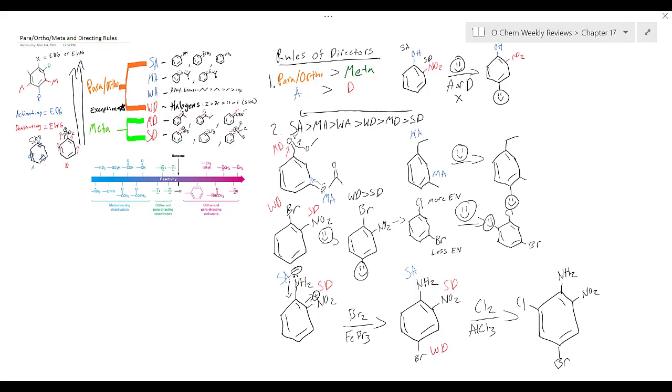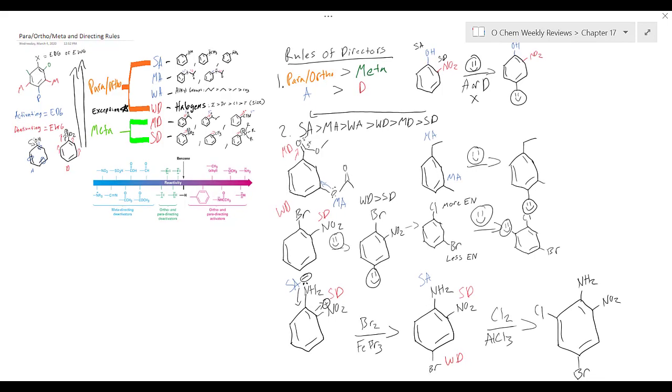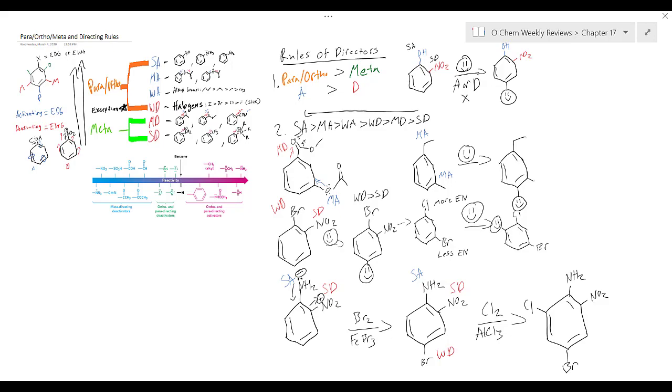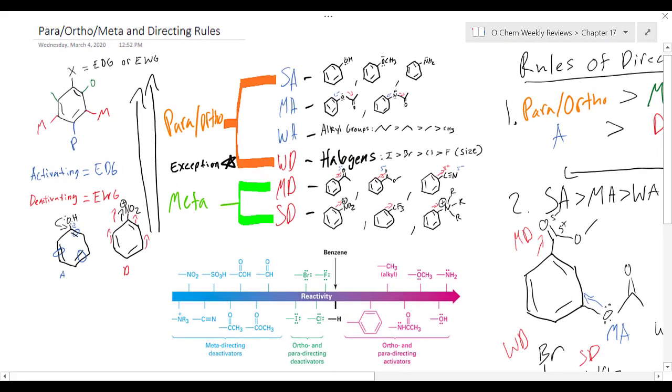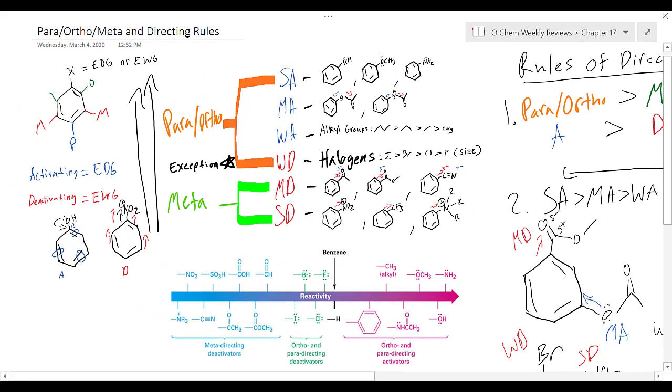So here's a screenshot of everything. If you want to pause the video or take a screenshot, and then here's all of this. Again, if you want to pause the video or take a screenshot.